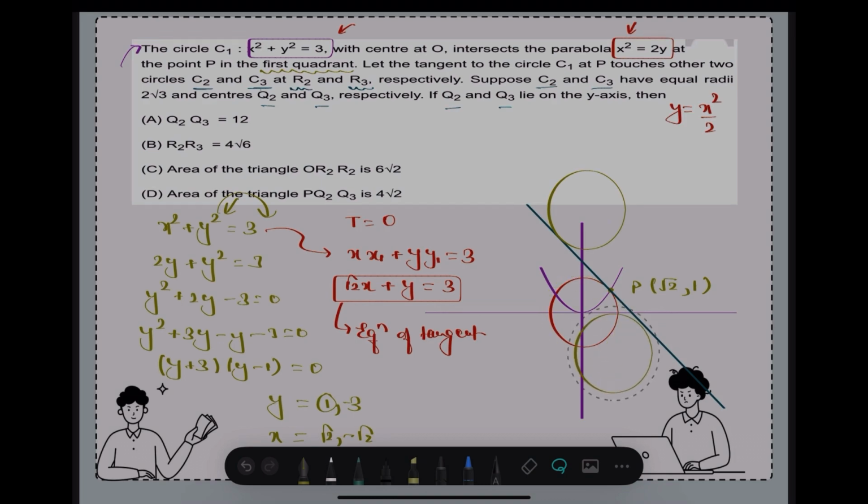I think I should draw a bigger circle. I don't know if it is the correct diagram or not, but it's still okay. I'll go with this circle.